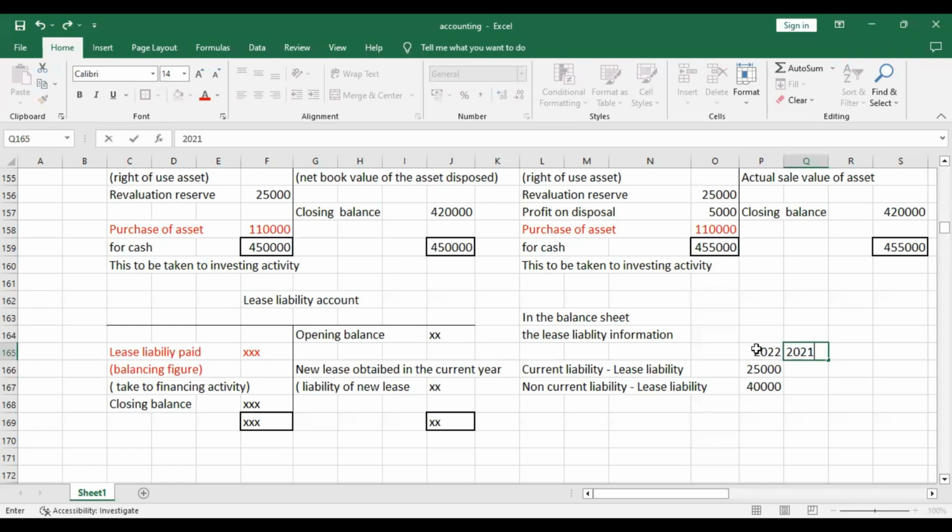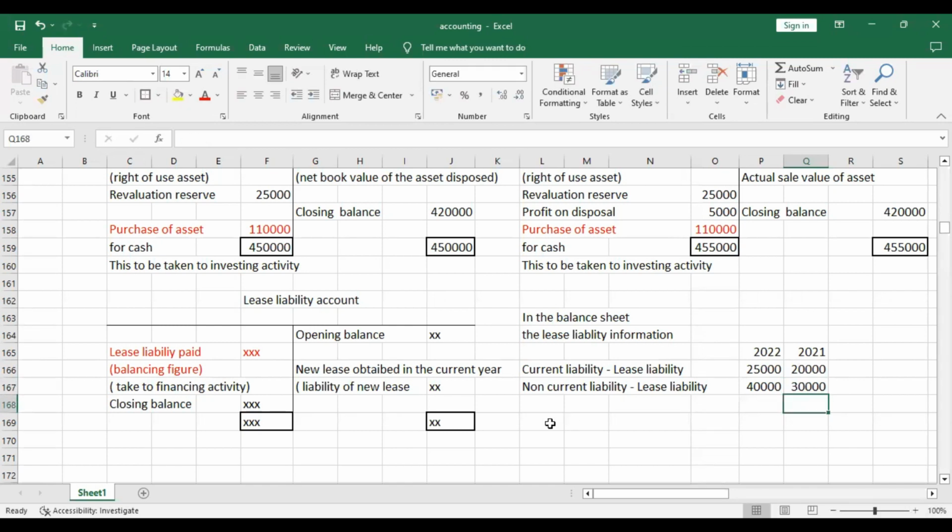Then 2021, they gave the closing balance as 20,000 and 30,000.